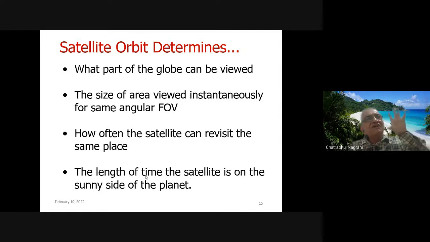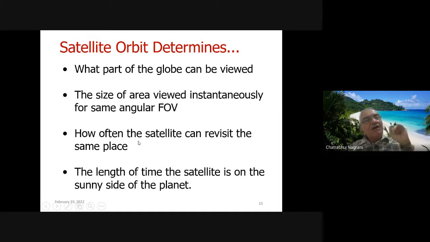If I have a sun synchronous orbit, as we discussed, I can view any part of the earth, because I am going from north to south and the earth is moving from west to east. So a sun synchronous orbit will allow that.